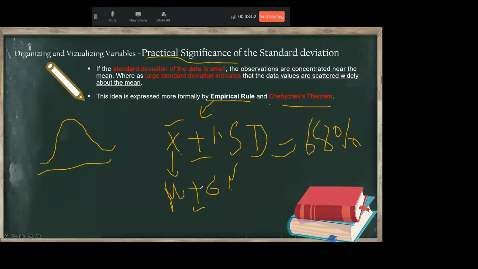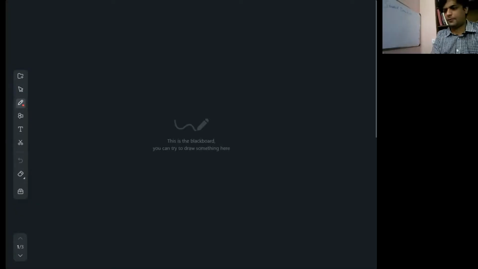So let's say this is mu, and this is symmetry, right? We always need to know that this is symmetry.